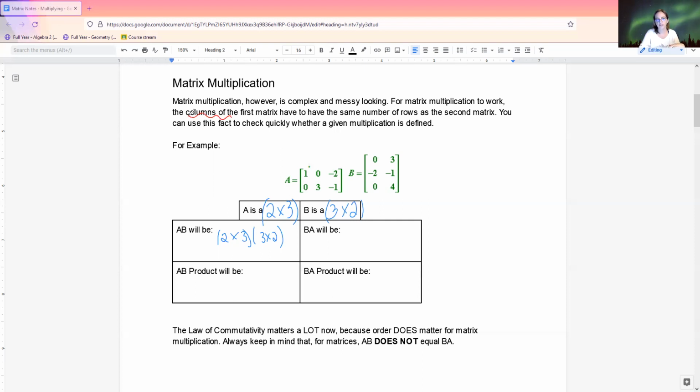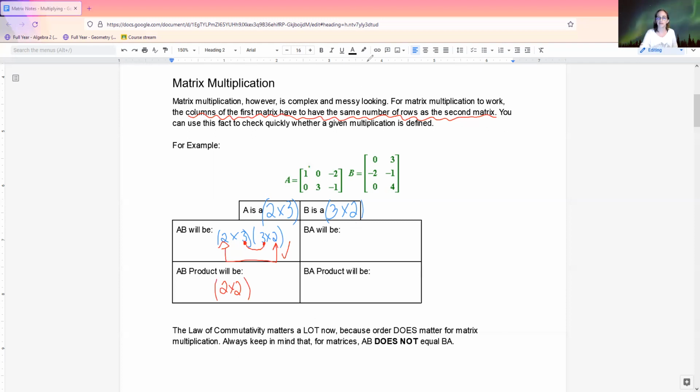The columns of the first matrix have to be the same as the rows from the second. The columns, remember that's the second number, have to match the rows, which you have to remember is the first number of the second. If these two numbers match, then you can do multiplication, okay? And if they match, the product is these guys here, a 2 by 2 square matrix, okay?